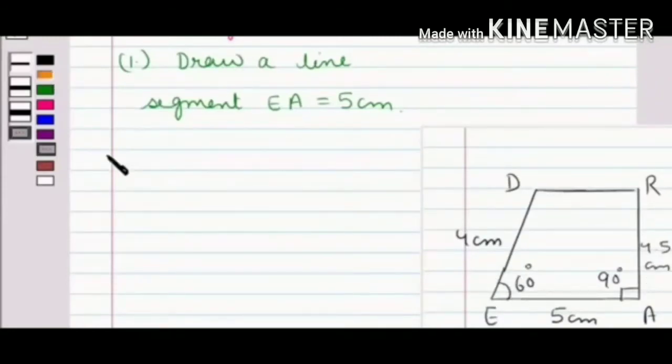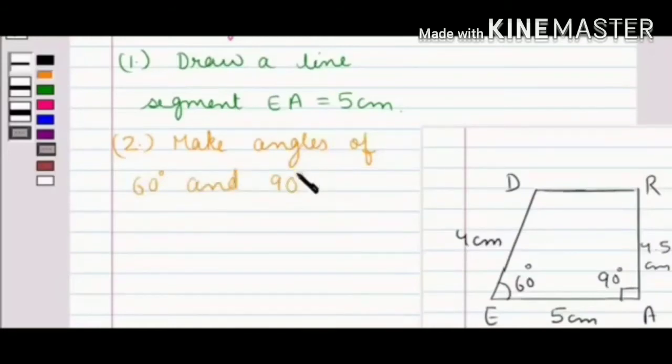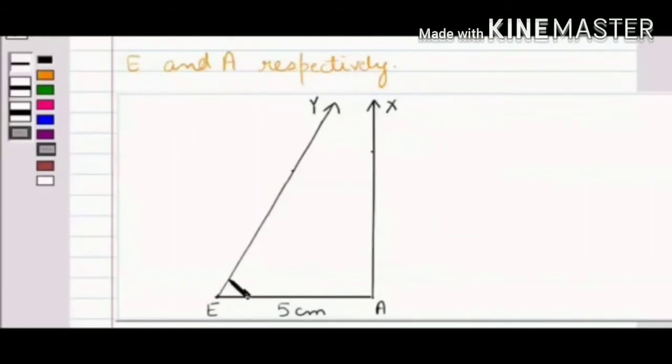So next step can be make angles of 60 degrees and 90 degrees at E and A respectively. So we have made an angle of 60 degrees at E and an angle of 90 degrees at A.